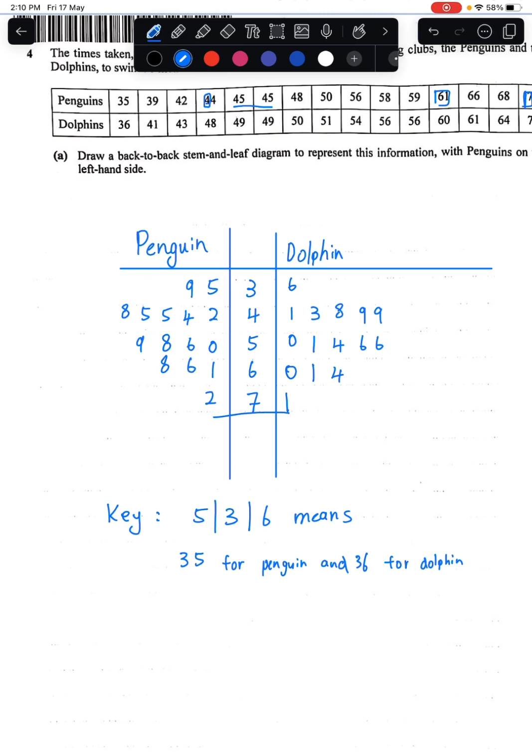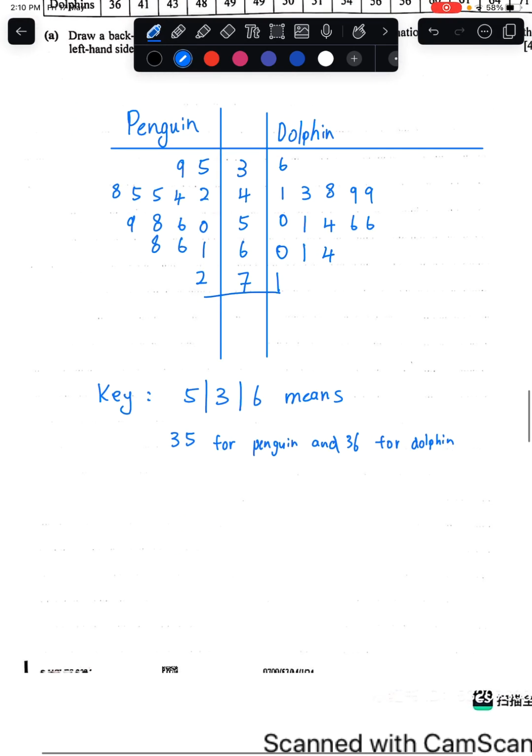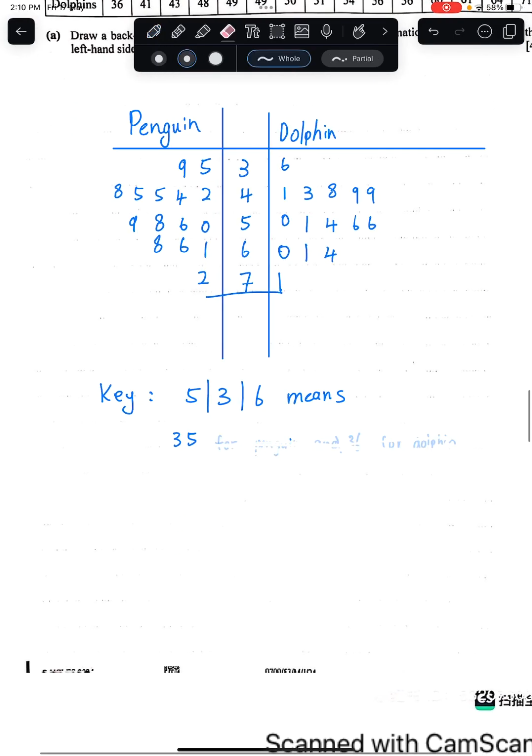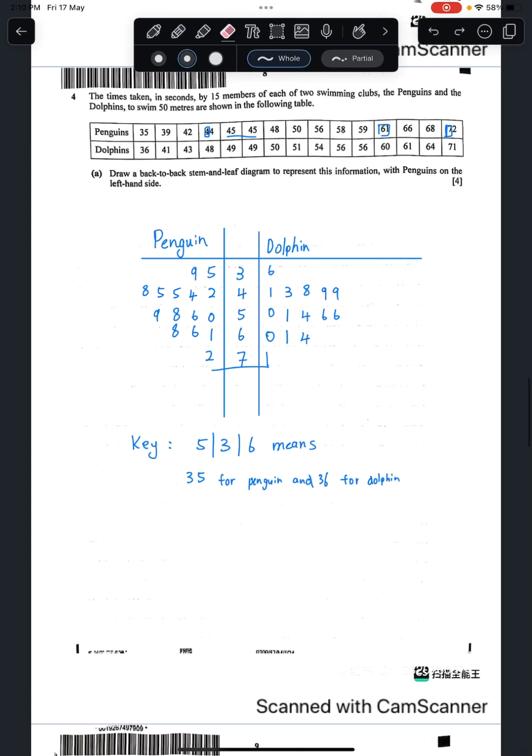Always remember to write the key, don't forget, don't lose marks.